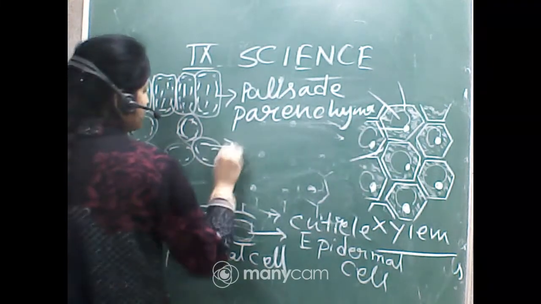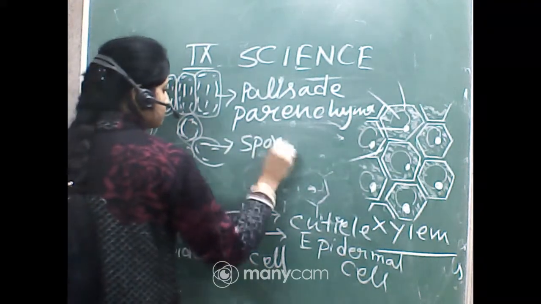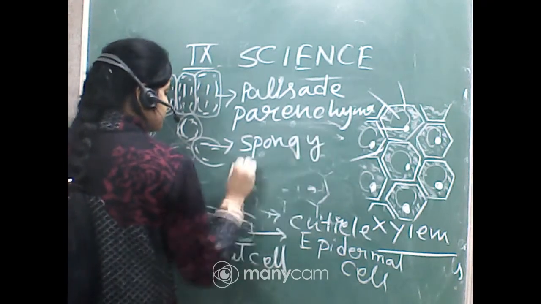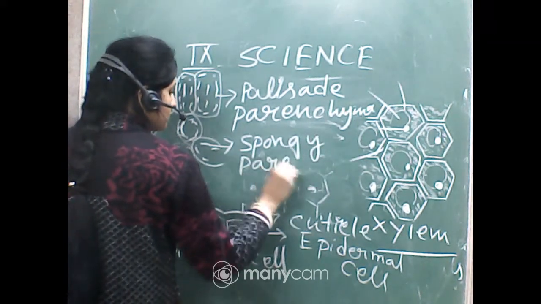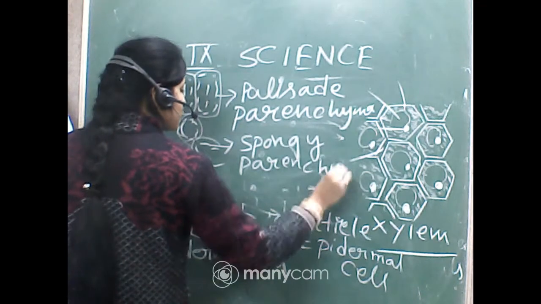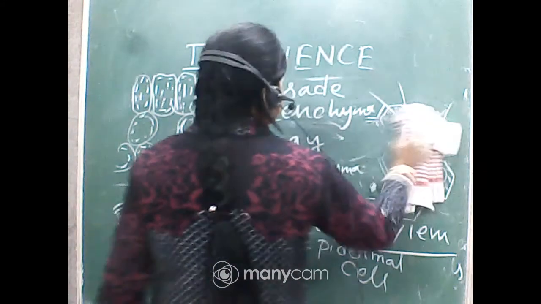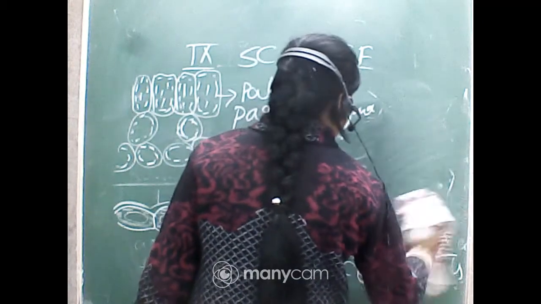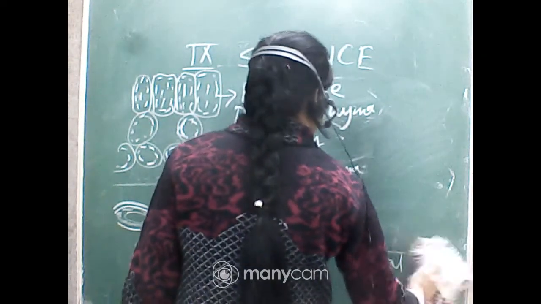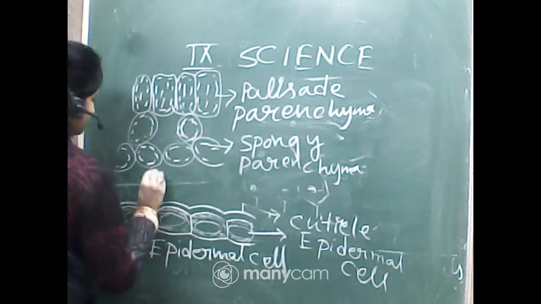This is spongy parenchyma. And this is known as mesophyll.